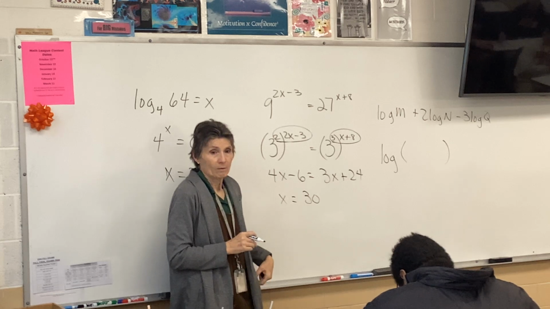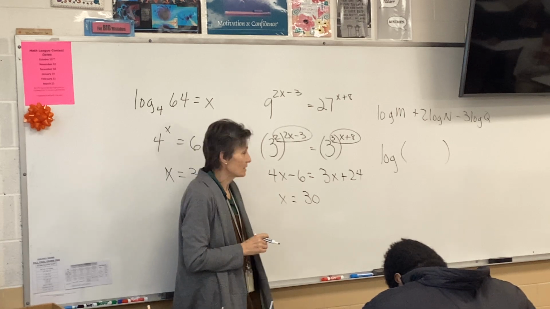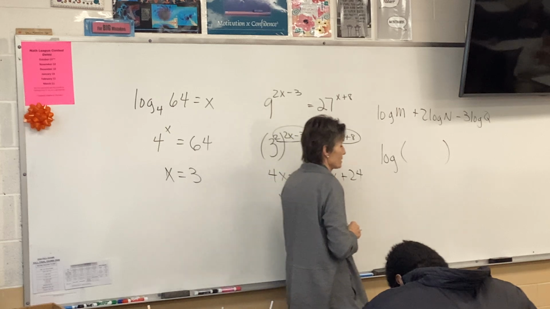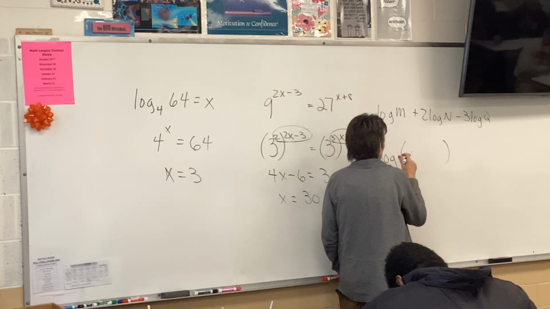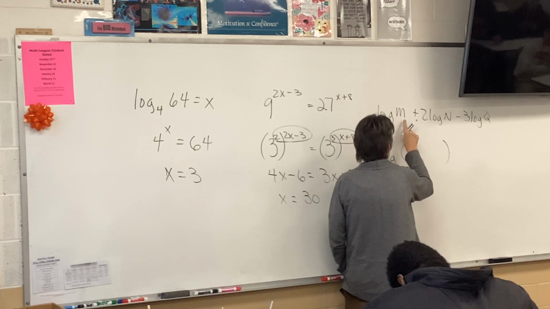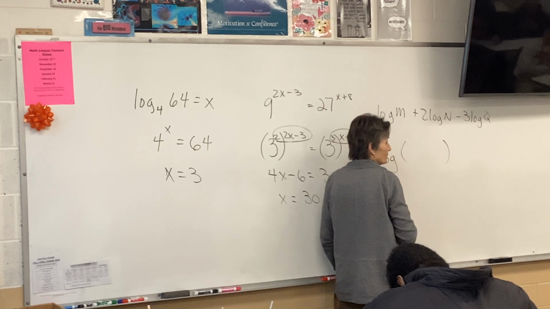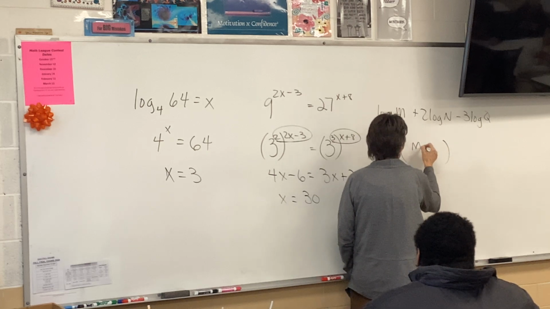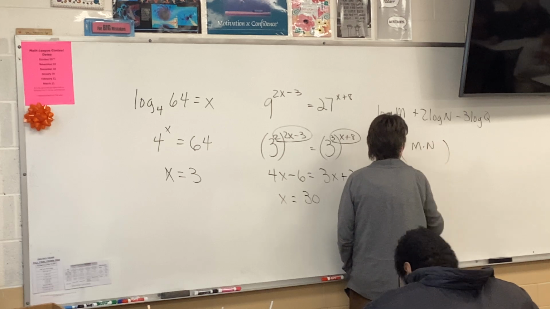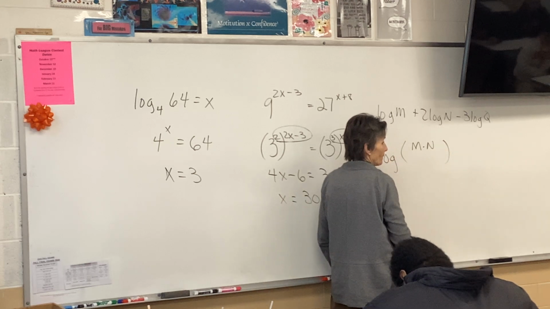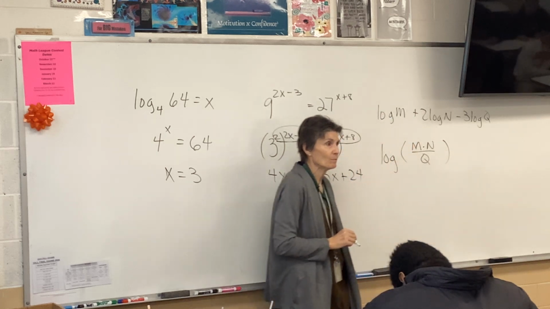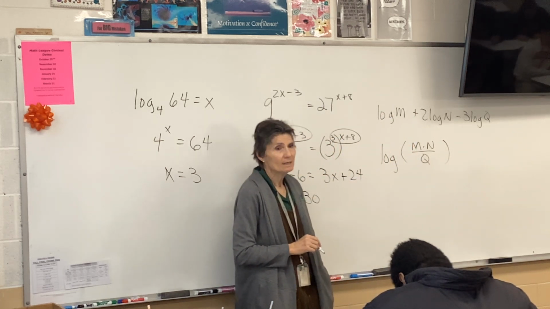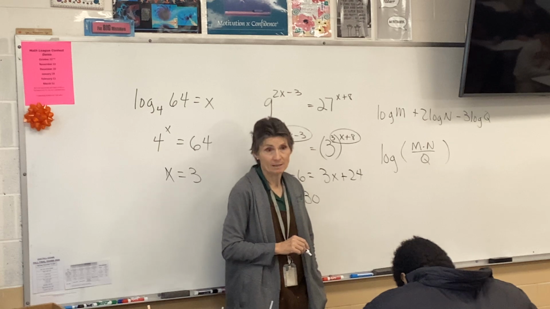All right, now, what are you going to do? What's going to be inside that parentheses? First of all, what's going to be happening with the m and the n? They're multiplied. And what's going to happen with the q? It's divided. Now, does that make sense to everybody? Remember, when logarithms are added, it means the numbers have been multiplied.